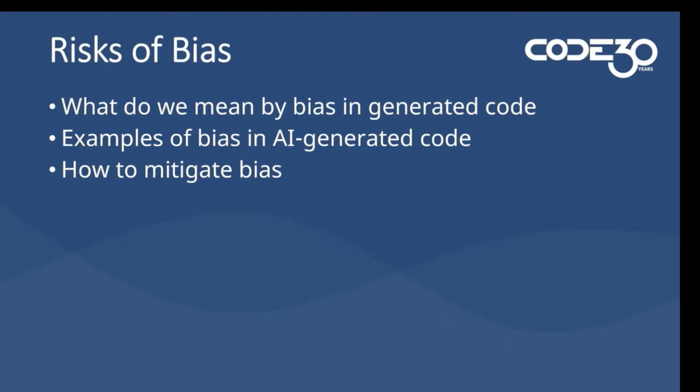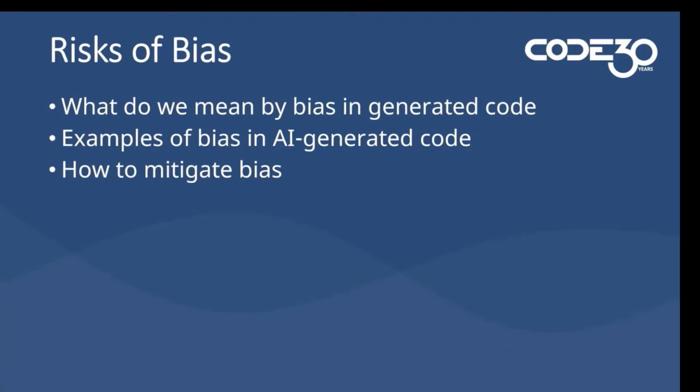So some examples of bias in AI generated code could be something like a hard-coded assumption. You might assume that everybody in your user community speaks English, and that might show itself in the generated code if you're not asking specifically for it to be multilingual, for instance. It could be something like exclusion of accessibility.